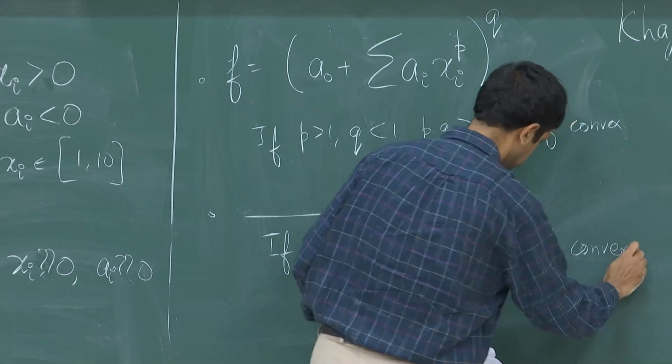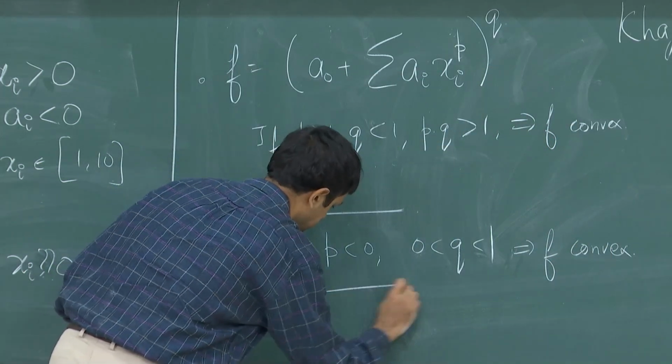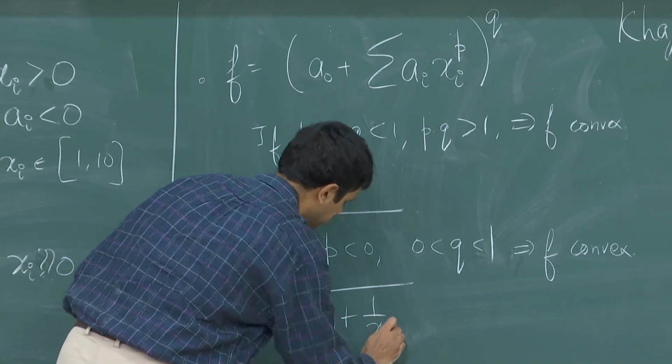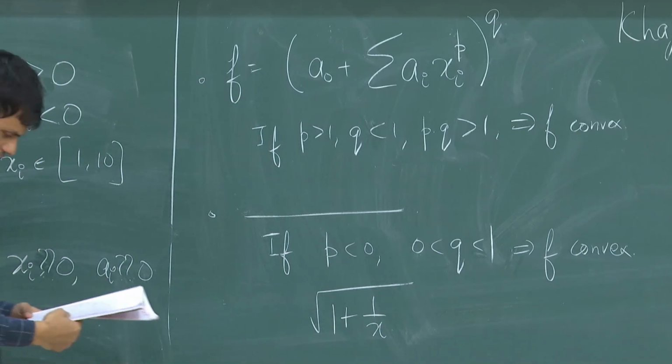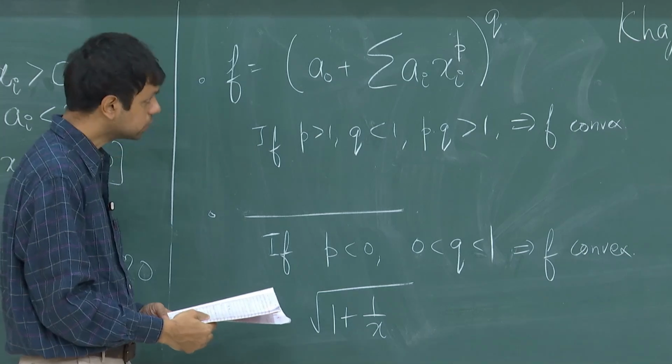An example of this is, for example, 1 upon the square root of 1 plus x squared.